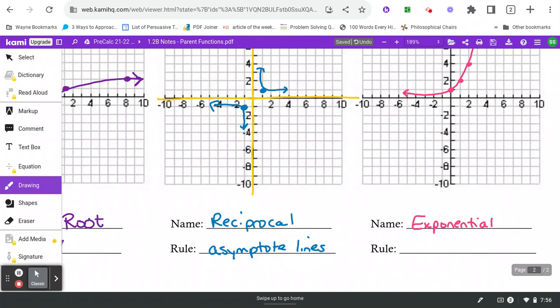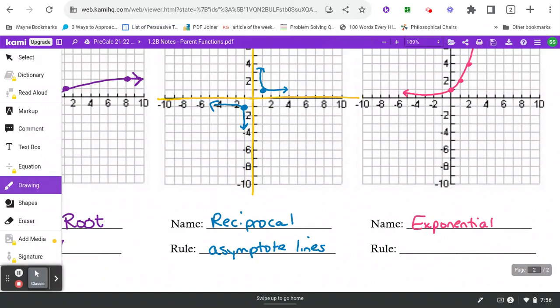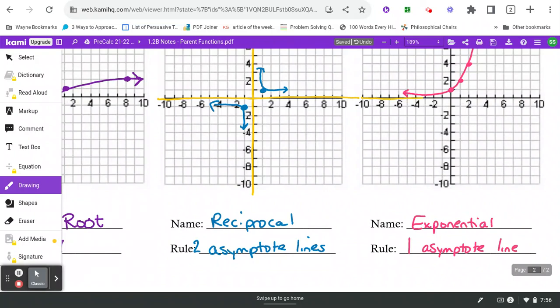And this one also has an asymptote line. So let's go back. Let's call this one that has 2 asymptote lines. And the one we're working on has 1 asymptote line, which if we wanted to draw it in would be right there.